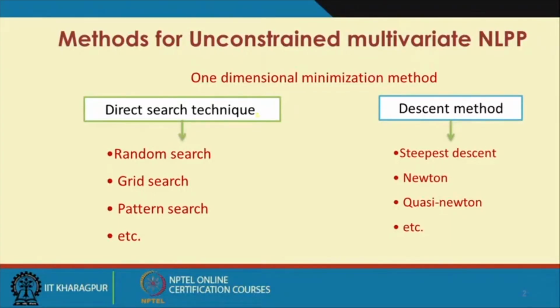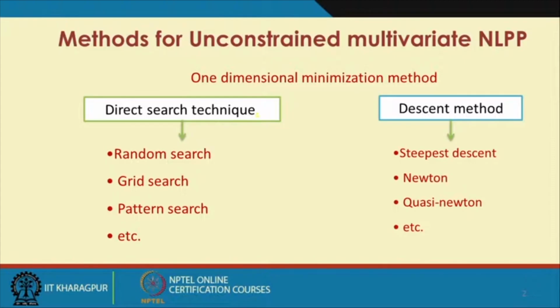And in the descent method, there is another set of methodologies, starting from the steepest descent or steepest ascent method, Newton method, quasi-Newton method, etc. Today I am starting with the direct search technique, and the most popular one is the univariate search, that I will show you first.